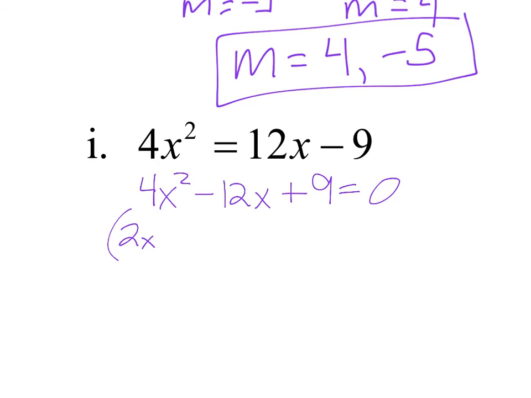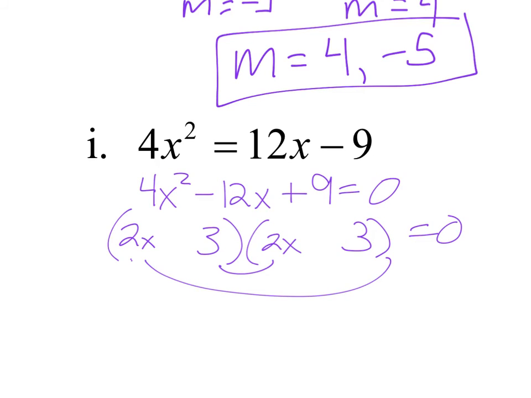So, I'm going to first try 2x, and that's equal to 0. And then I have to factor 9. We'll try 3 and 3. Sure enough, that's going to give me 6's, right? 6 and 6. 6 plus 6 is 12. So, it's a plus 9, meaning both signs are the same, and it's a minus 12, meaning they're both negatives.